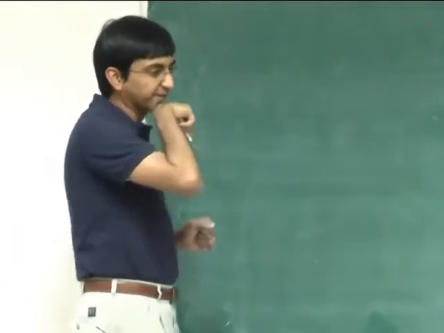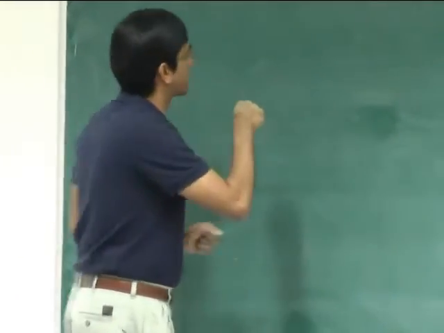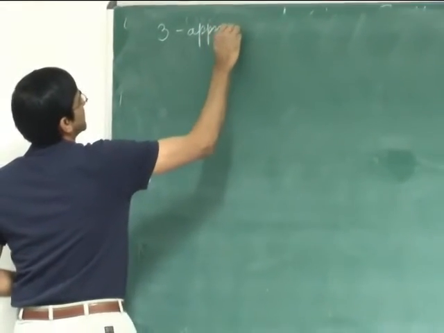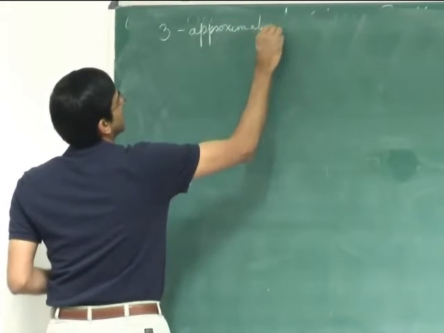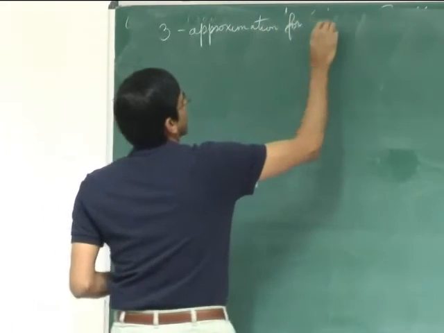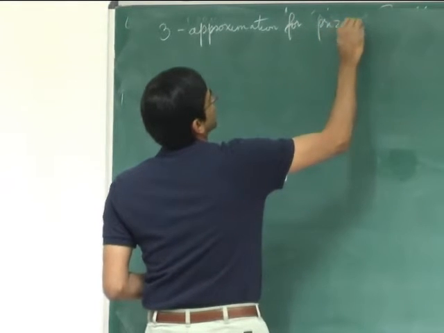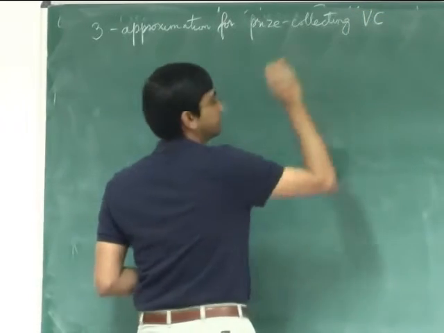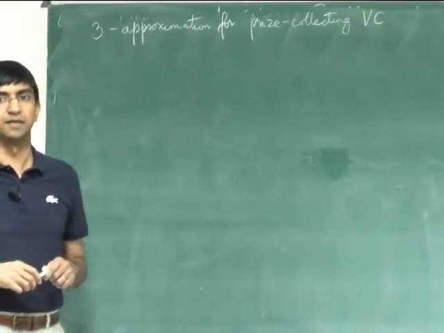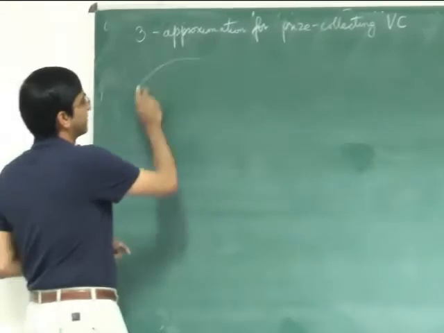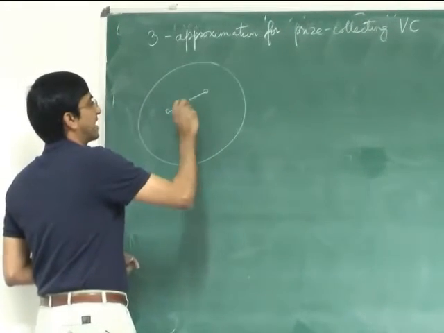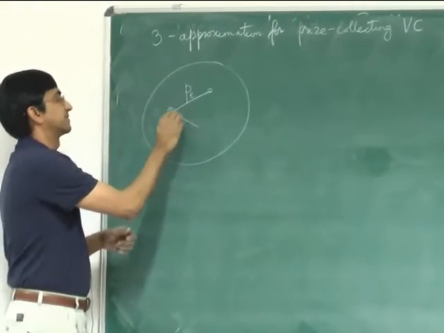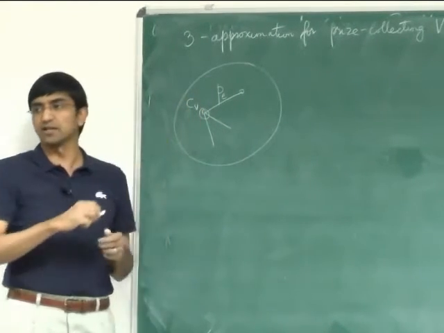So we needed to figure out a tree approximation for, I'll just call it price collecting because that's what it's called in the literature, vertex cover. Okay? So remember there is a graph. Edges have loot or penalties. Vertices have costs of installing a guard there.